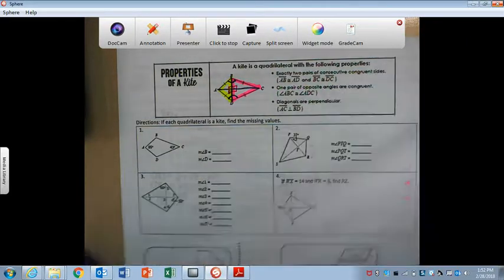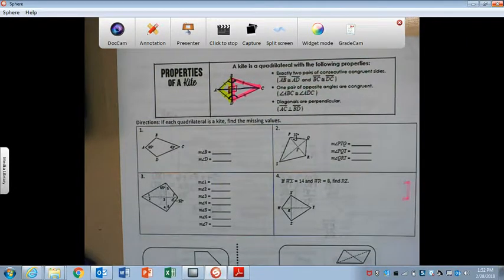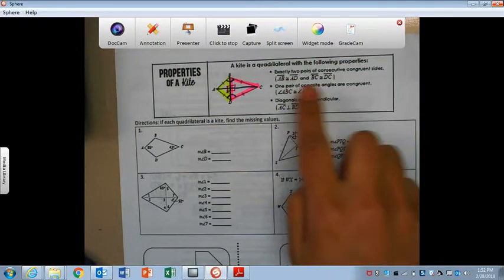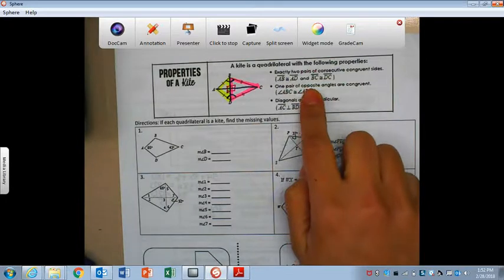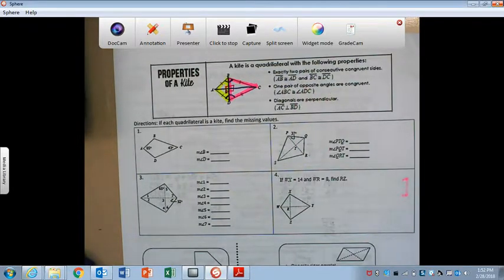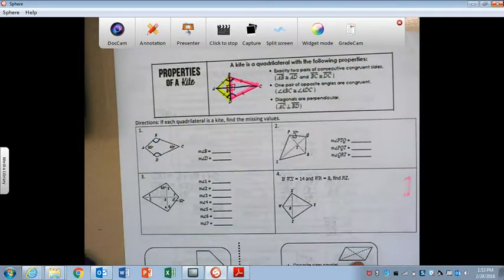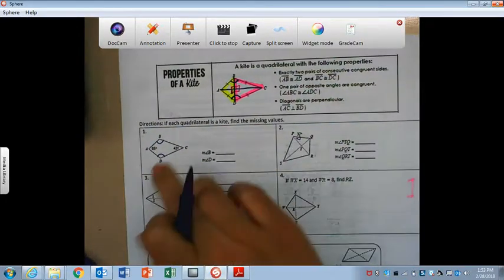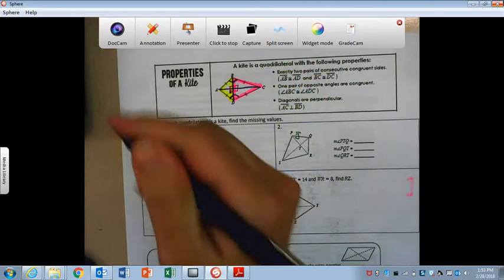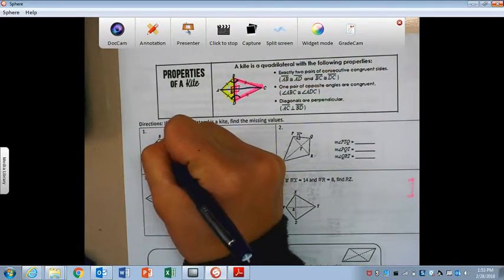So for number 1, you've got to remember that exactly one pair of opposite angles are congruent. So angle B is congruent to angle D. Now ask yourself, what is the sum for a quadrilateral? It is 360.